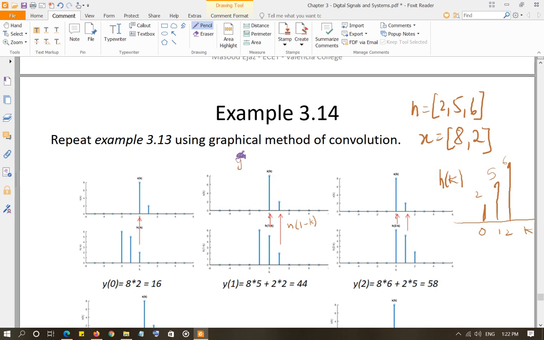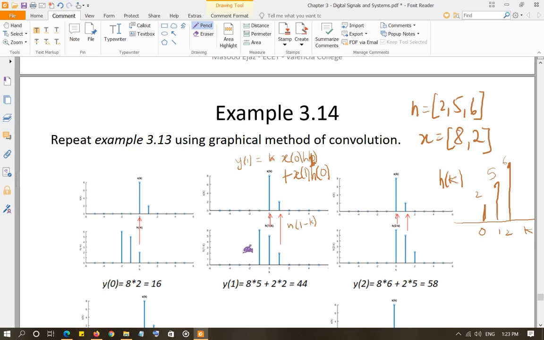So again, remember, y of 1 was x of 0 h of 1 plus x of 1 h of 0.